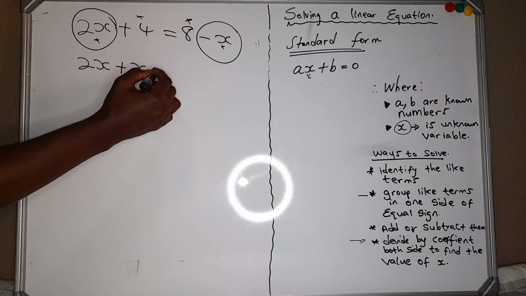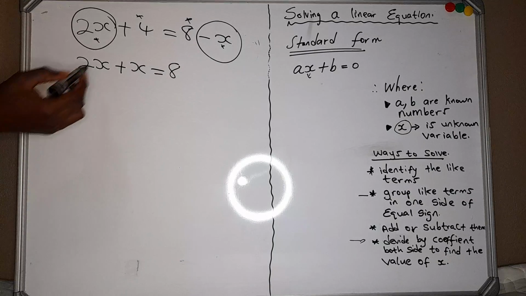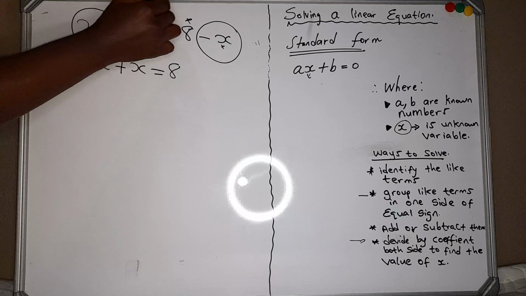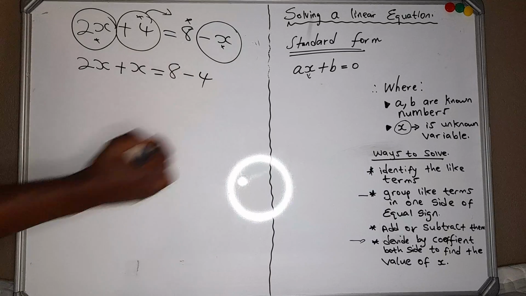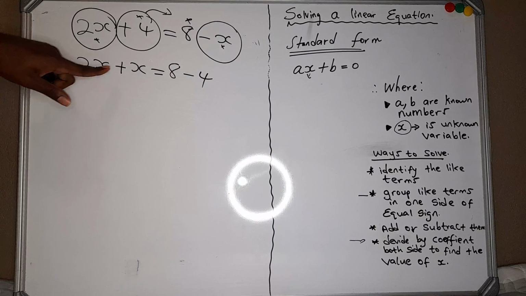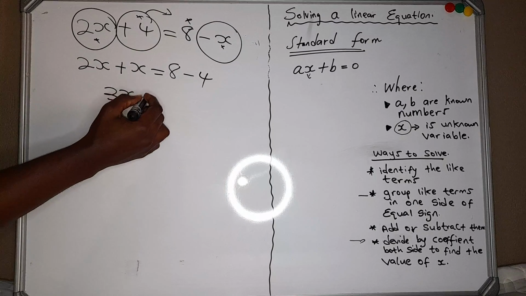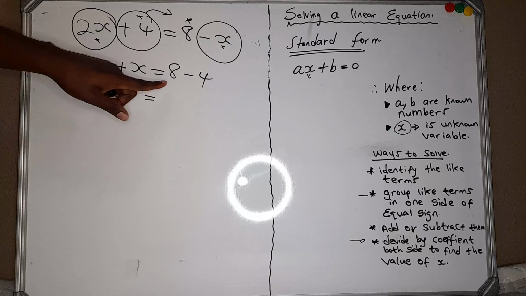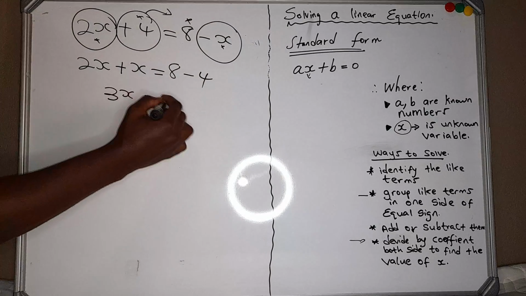On this side of the equal sign, we have a positive 8. Then this 4 must come to this side to join this 8. It becomes negative 4. Therefore, 2x plus x gives us 3x, equal to 8 minus 4, which gives us 4.